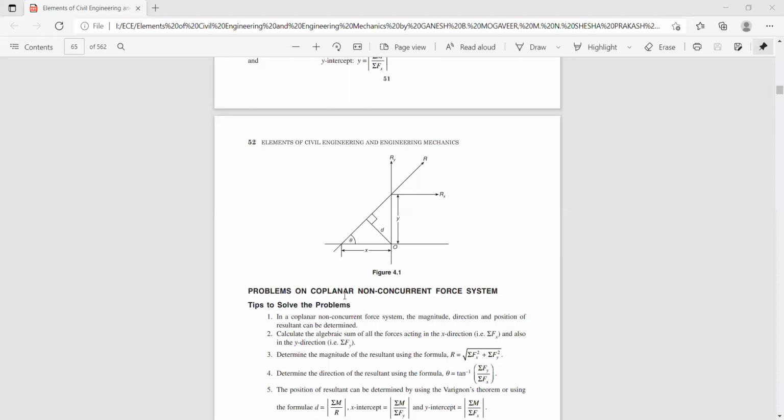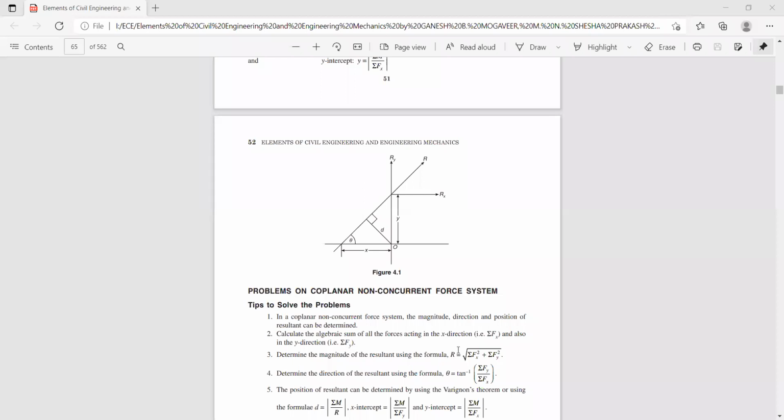Now, problems on the coplanar non-concurrent force system. Here are the tips to solve them: the magnitude, direction, and position of the resultant can be determined. First, select the reference axes, then calculate the algebraic sum of forces acting along the x direction and along the y direction, sigma F of x and sigma F of y.